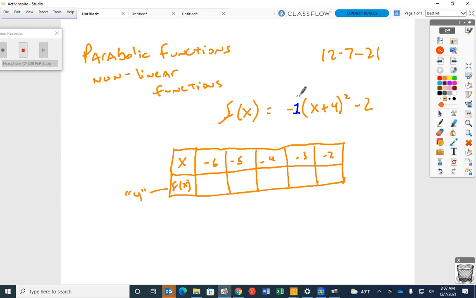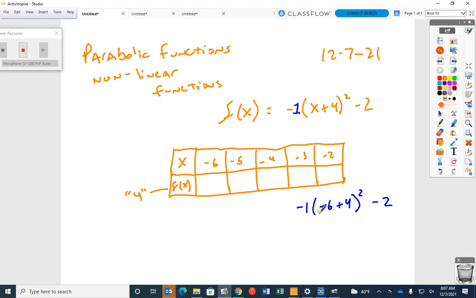So when we have a -1 out here, like a floating negative, everything that's inside here is going to be opposite. Does that make sense? So if I plug in -6 for my x, this is -1 times (-6 plus 4) to the second power, minus 2. Now, looking at this process right here, what am I going to do first?